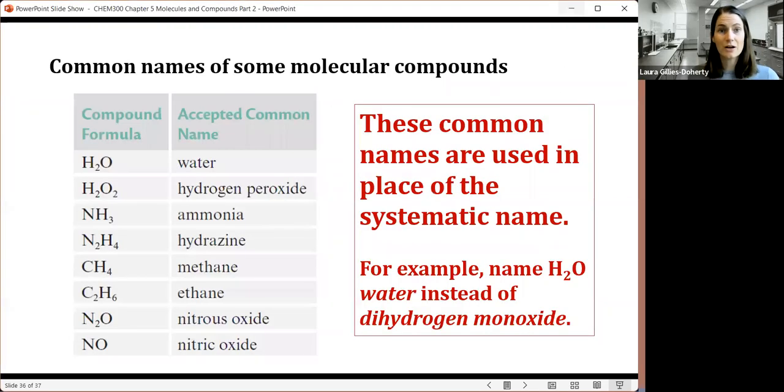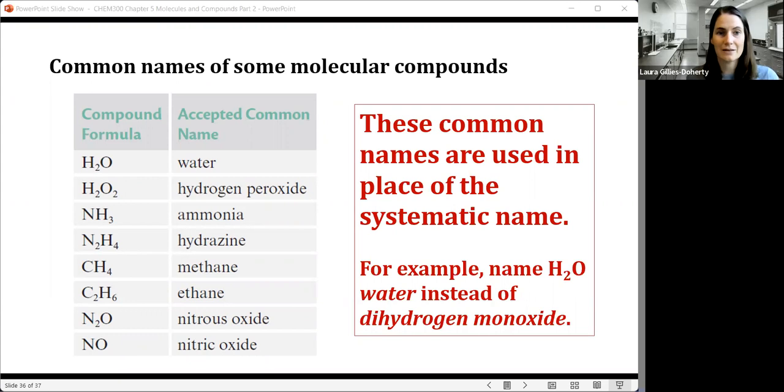So there's a few common names of molecular compounds that are used in place of these IUPAC names. So you want to be familiar with these common names, so as you see them come up in word problems, you know what compound we're talking about. So H2O, we just call that water. Otherwise, it would be dihydrogen oxide. H2O2, we call that hydrogen peroxide.